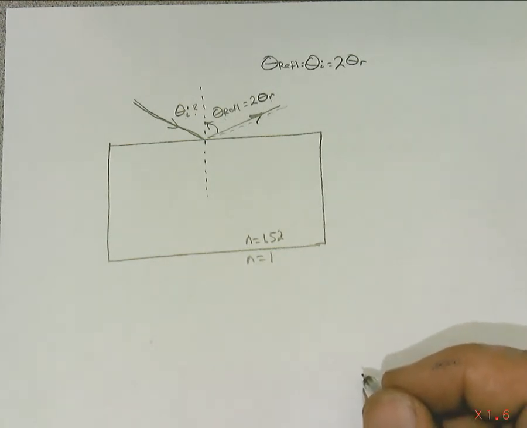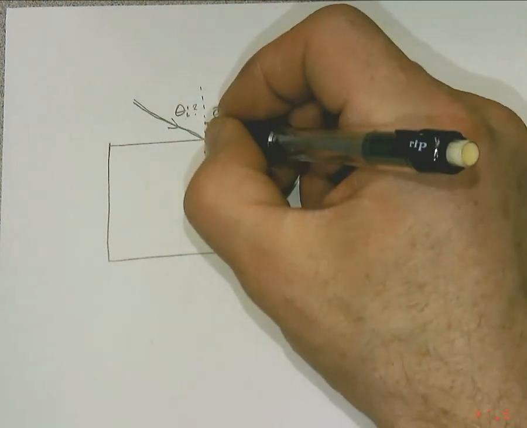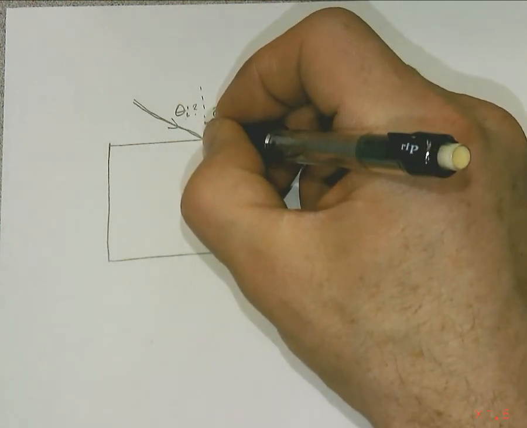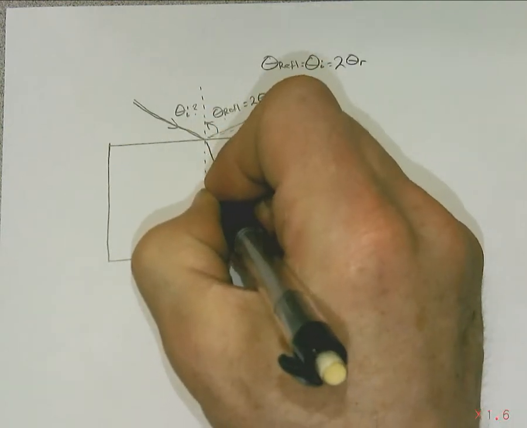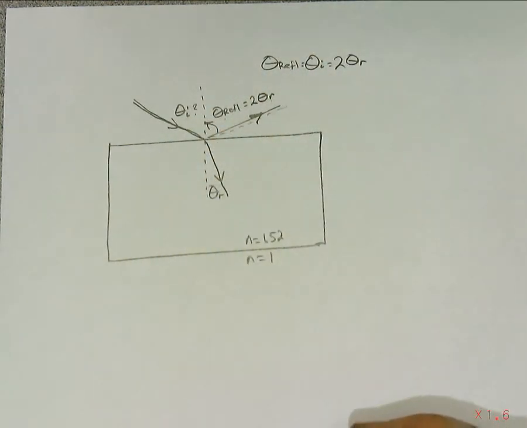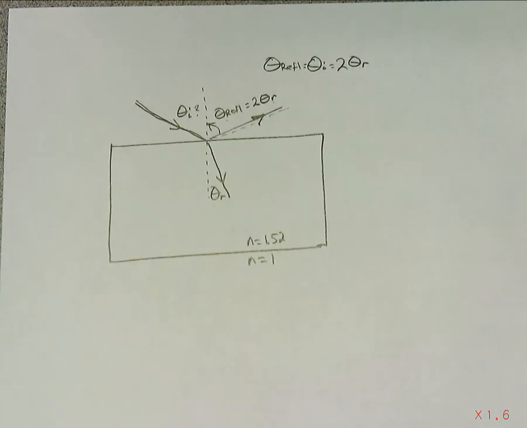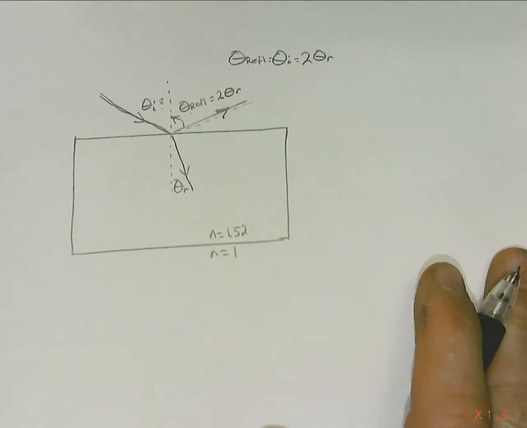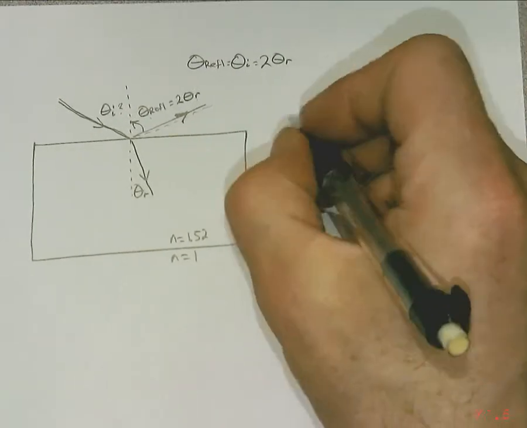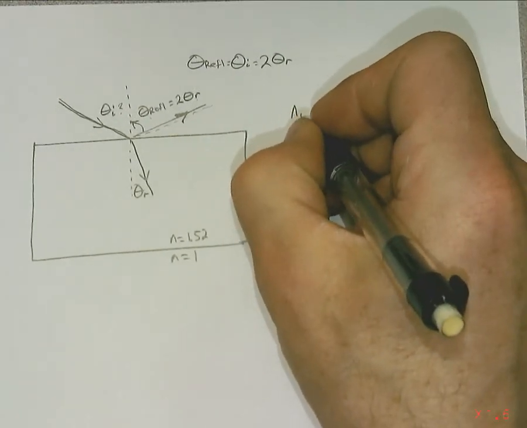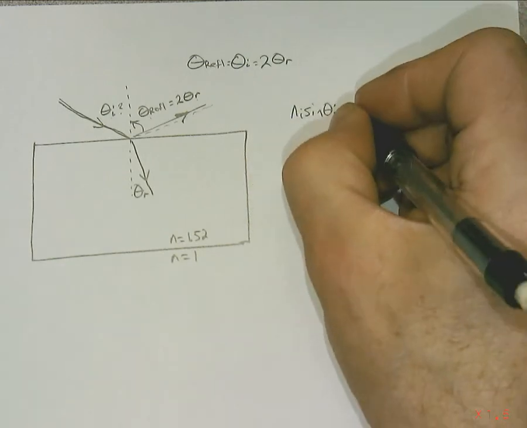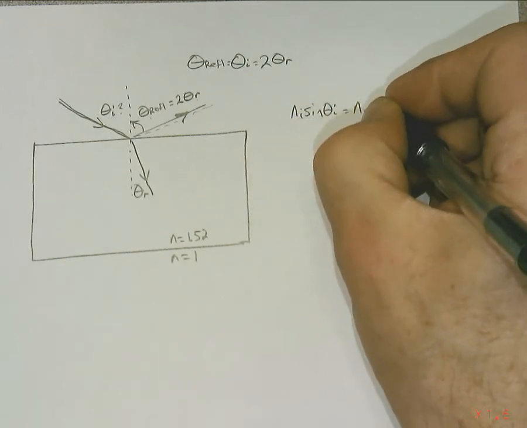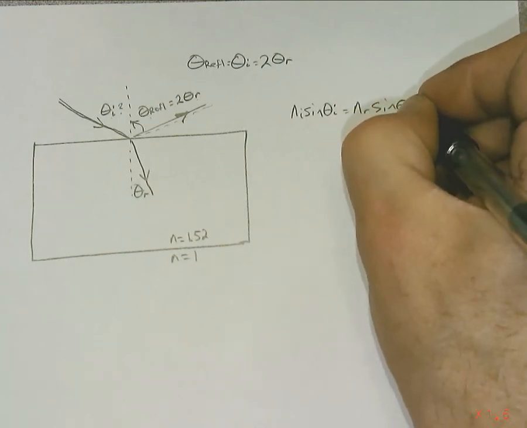It's going to bend toward the normal down here. So we have theta refracted. That's the problem. Find the incident angle. All right, so we'll go ahead and write our basic form. n incident sine of theta incident is equal to n refracted sine of theta refracted.